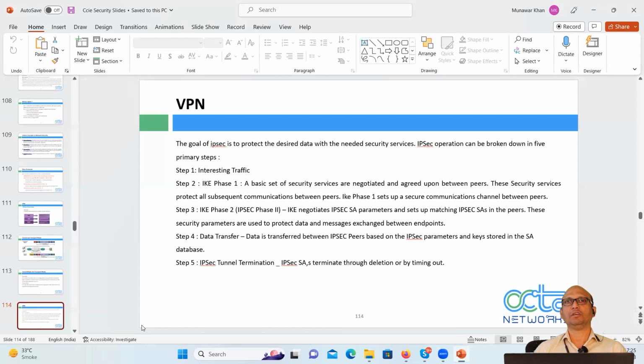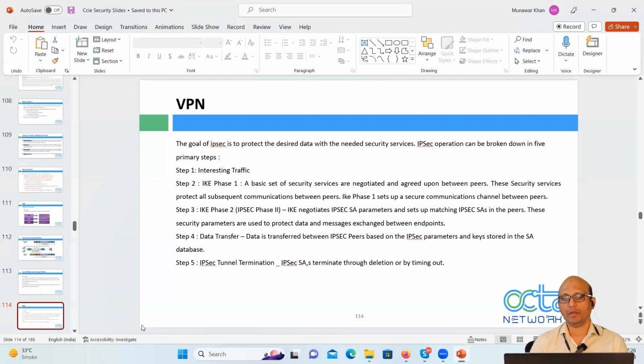I want only specific traffic, which is interesting, which is important, which is to be protected, to go inside the tunnel. All the other traffic should go outside the tunnel. This is the meaning of interesting traffic.